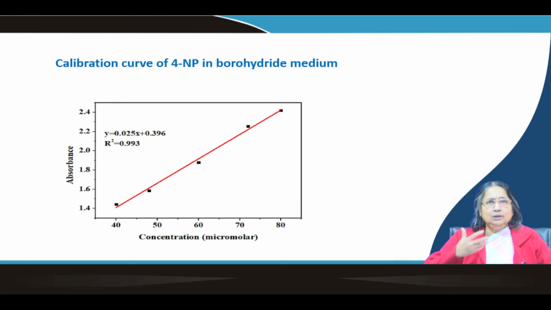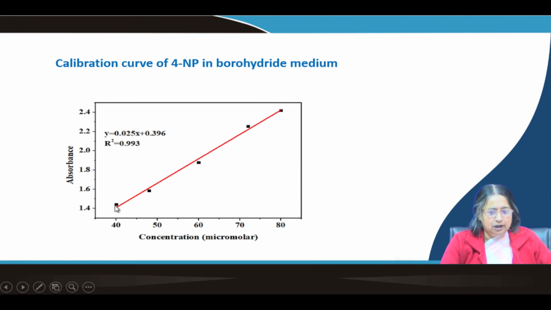Before that, to know the concentration, I told you that we have to make a calibration curve. This is the calibration curve of 4-nitrophenol, actually 4-nitrophenolate in borohydride medium. You can see the absorbance values for different concentrations of 4-nitrophenol that we have taken, and we plotted them to get a calibration curve.